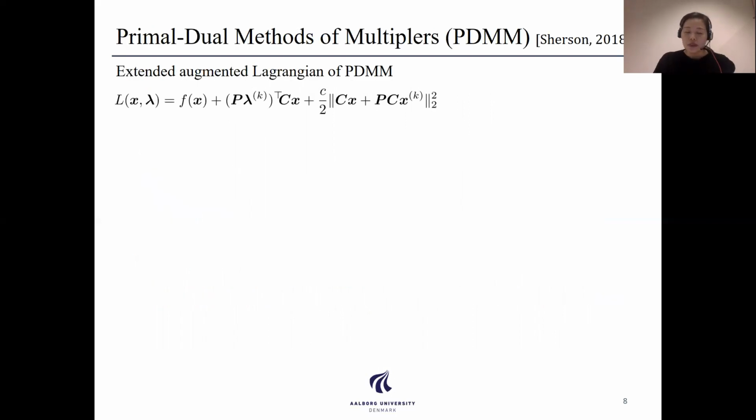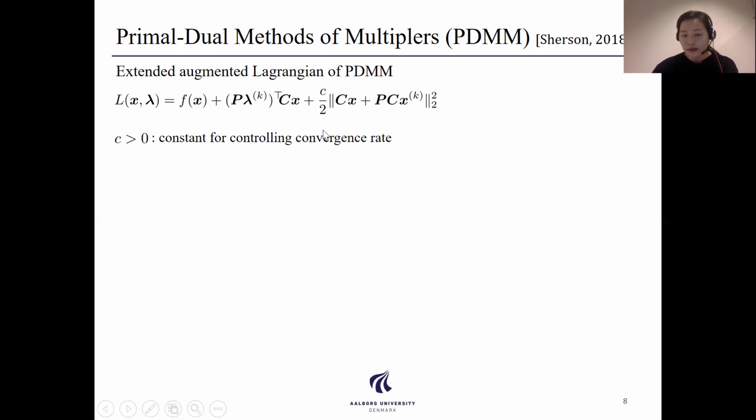There are many ways to solve this problem, and here we give an example using PDMM. PDMM is an alternative to ADMM, but it is characterized by a faster convergence rate. The extended augmented Lagrangian function of PDMM is given here. Now let me introduce the notation.